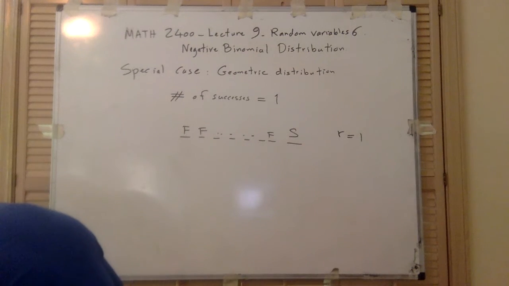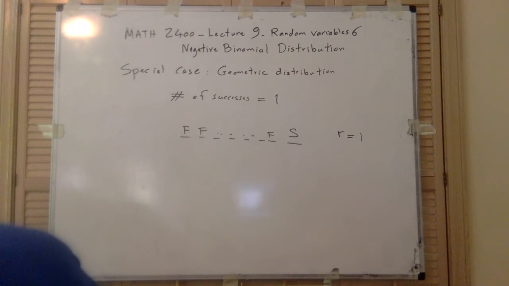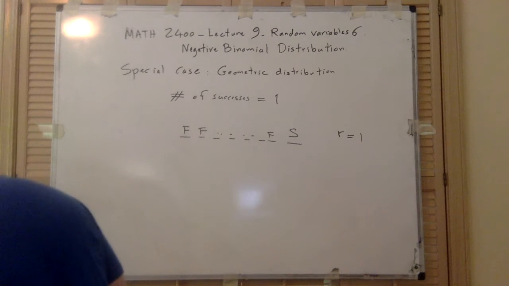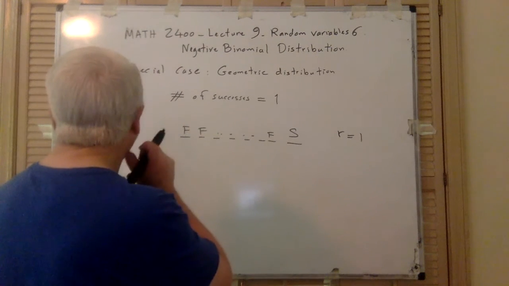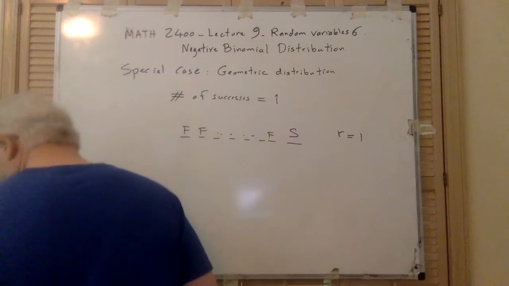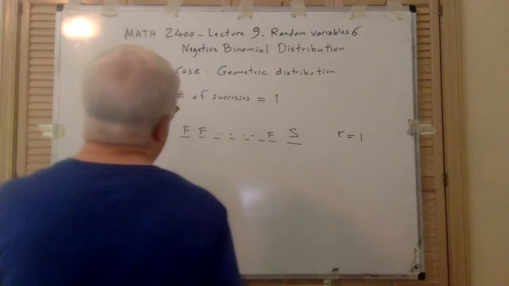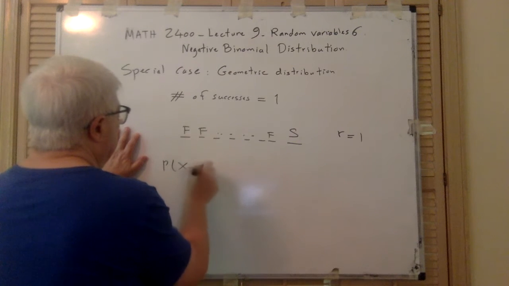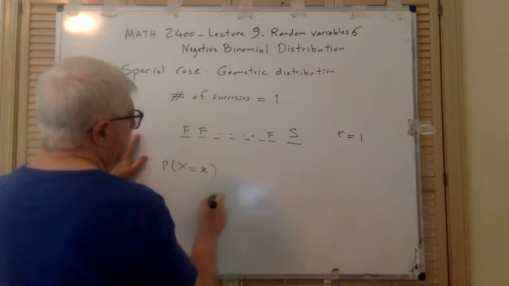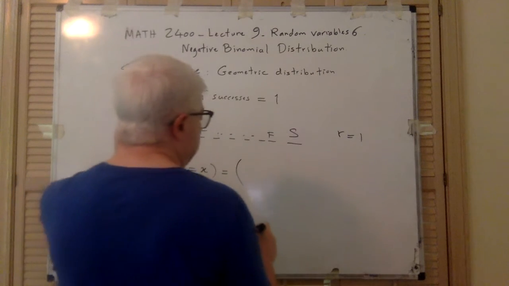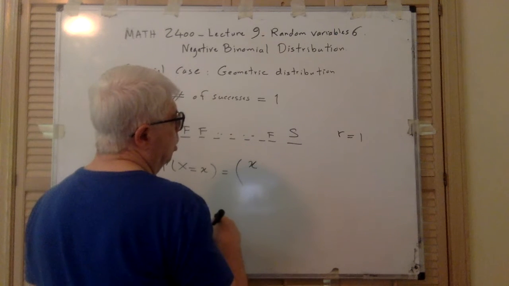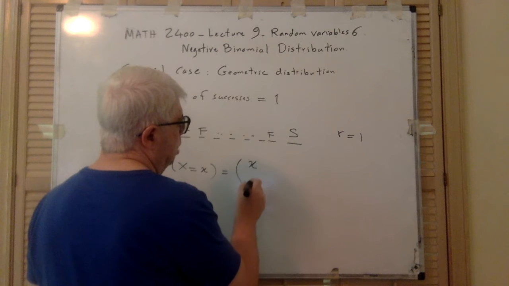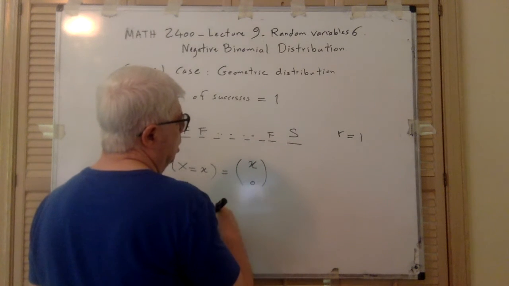Okay, so if I have this is x plus r. Yeah, so the probability that I have x failures will be, I remember that was x plus r minus 1, so it will be x and r minus 1 is 0, say.